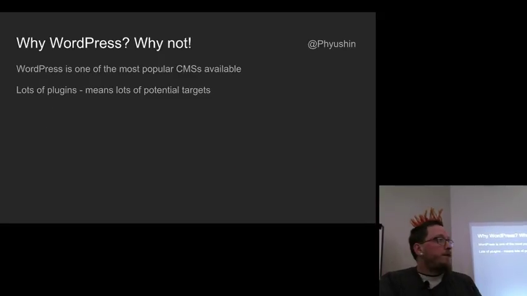So why WordPress? We were talking a little bit about this before, weren't we? WordPress itself is responsible for 30% of websites on the internet now, something like that. And obviously with that comes a lot of plugins people develop for it, and when people develop things, they don't always develop them in the right way.